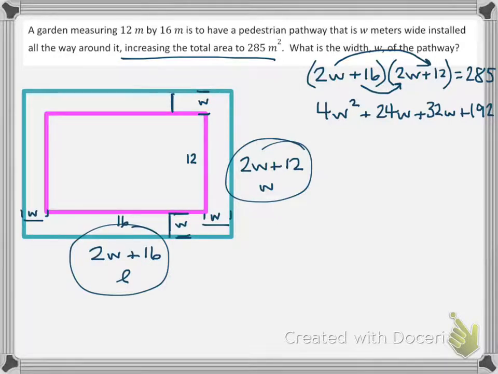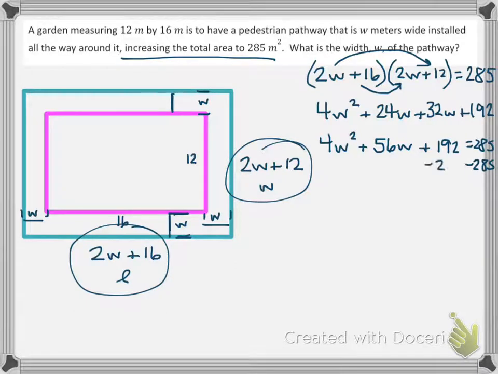Now I can combine like terms. I would have 4W squared plus 56W plus 192 is equal to 285. Well, I'd like for this to be the zero product property, so how about subtracting 285 from both sides?